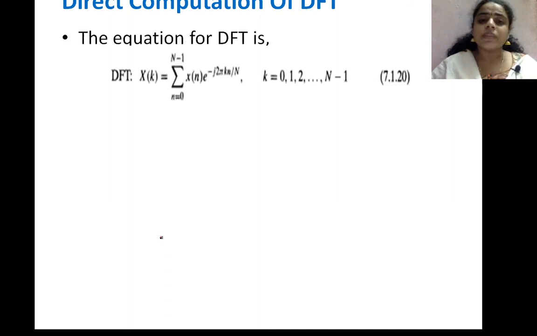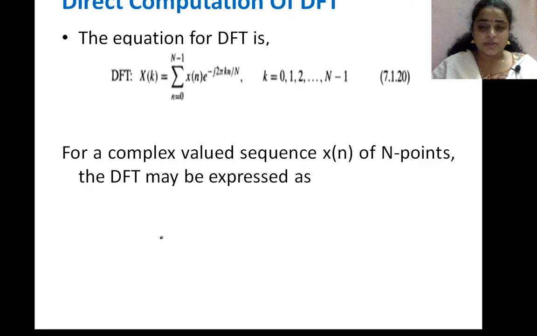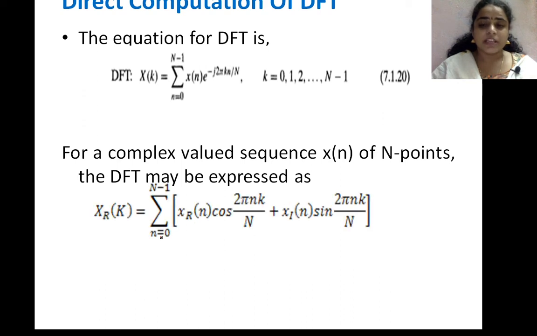We know the equation for DFT. For a complex valued sequence x of n points, the DFT may be expressed as, see here, xr of k is equal to summation of xr of n cos 2 pi nk by n plus xi of n sin 2 pi nk by n. This is the real part. It came by substituting cos minus j sin in this one.